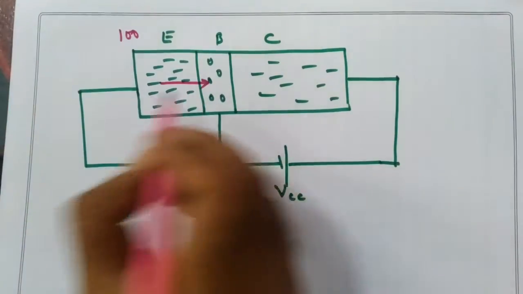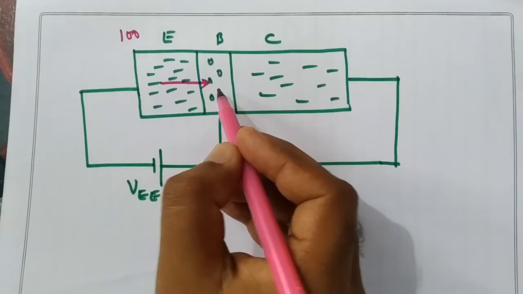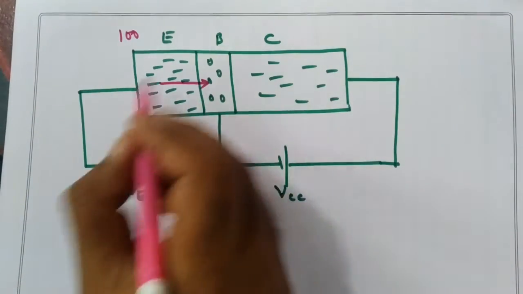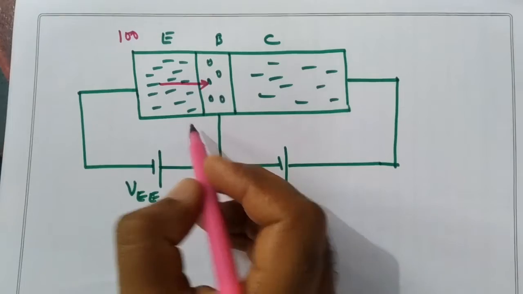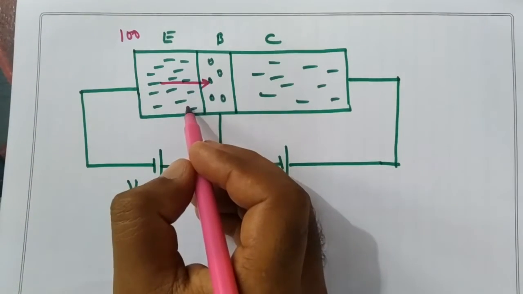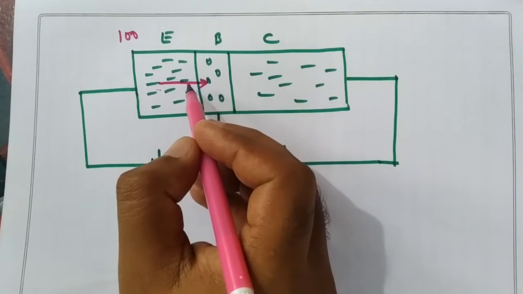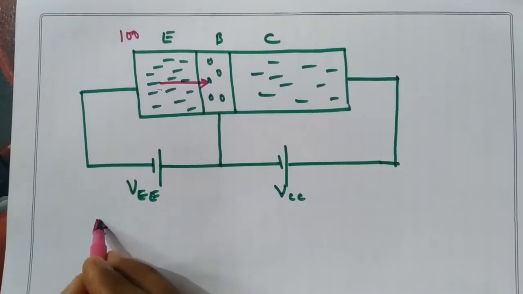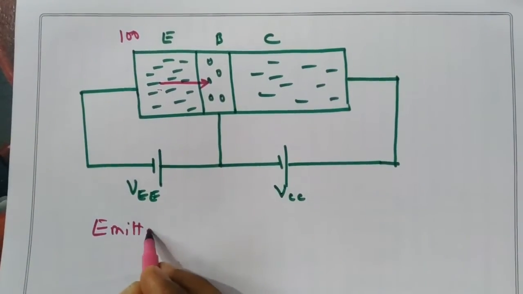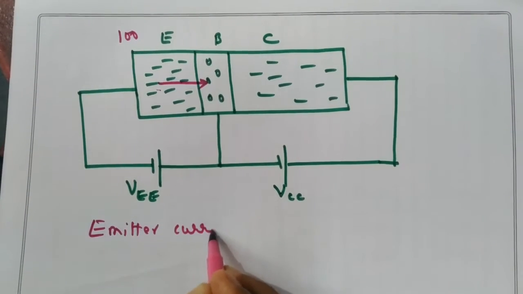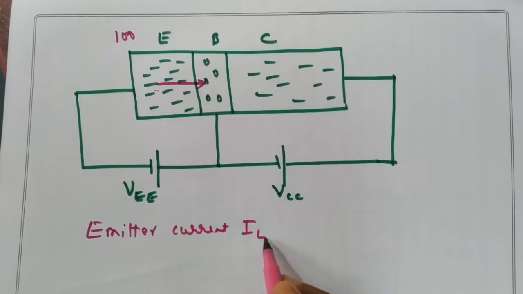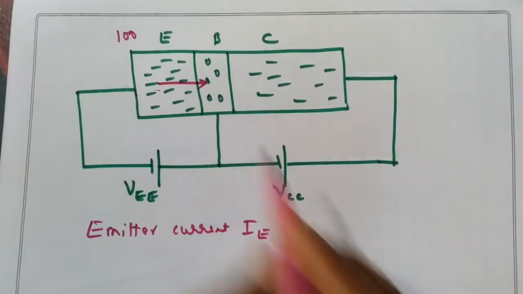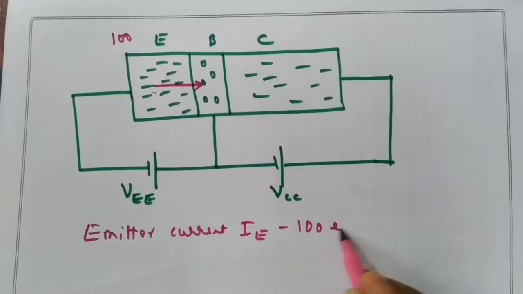Those 100 electrons will go towards the base, and in this region there will be a flow of electrons, and this flow of electrons constitutes a current called the emitter current, represented by IE. So this emitter current is due to 100 electrons.